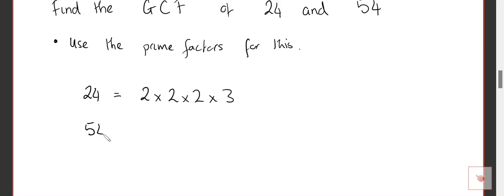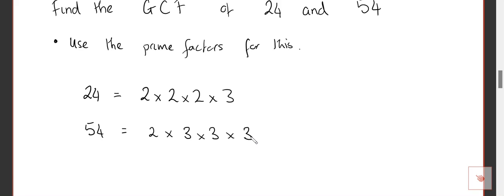And 54 is what? Okay? 54 is 3. Could we have it in order? 2 times. Is that it in order? You started with 3. You said 3 times 2 times 3 times 3. It's not in order. This is why you said starting with 3 is better.